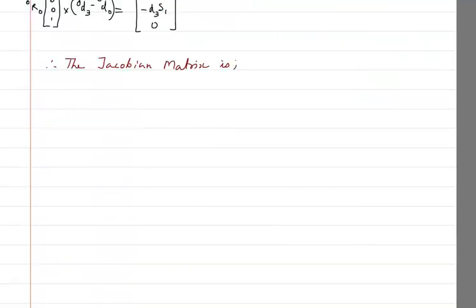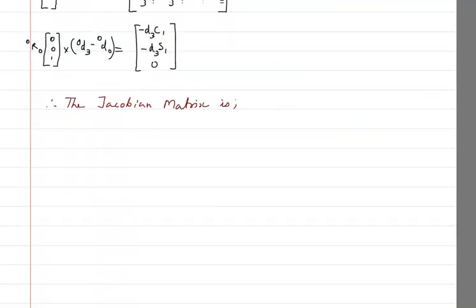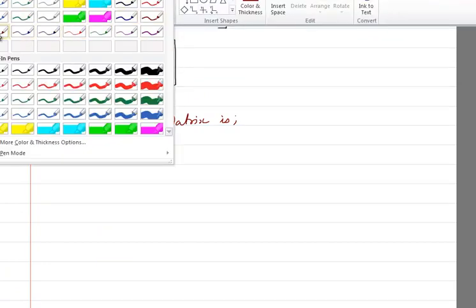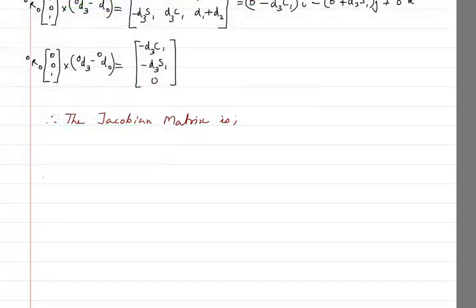So the first one, the J matrix has the first three values minus d3 c1, minus d3 s1, 0 for this value.